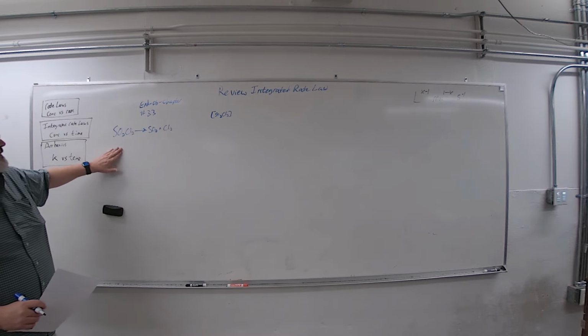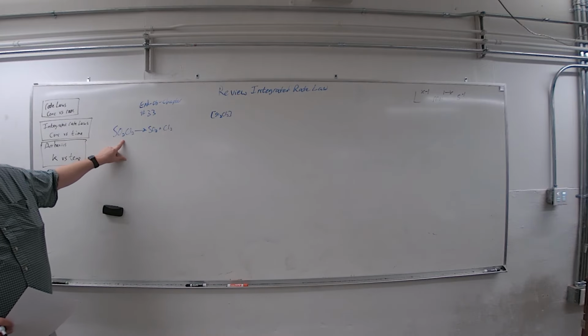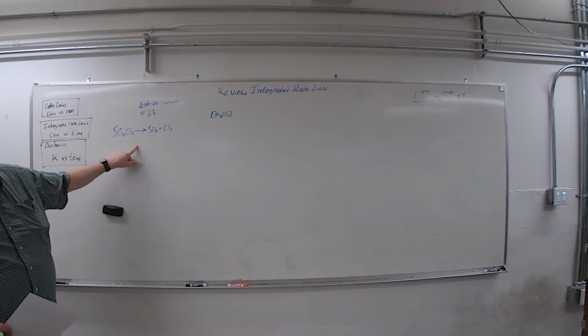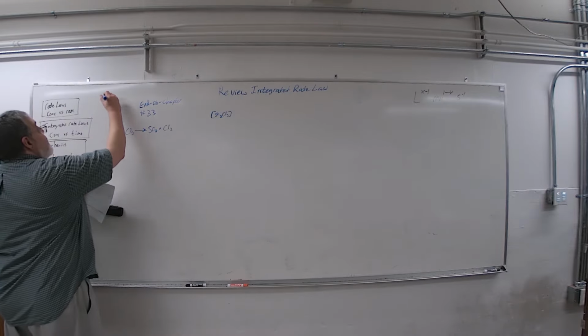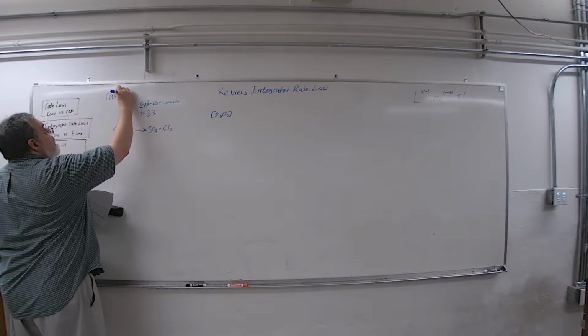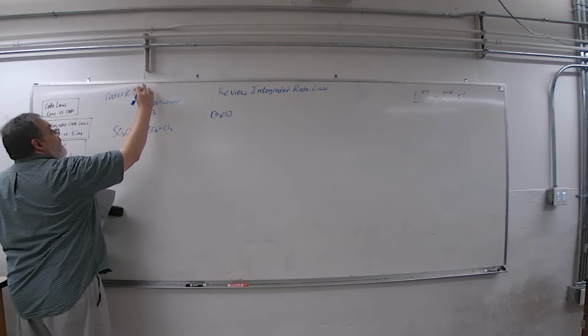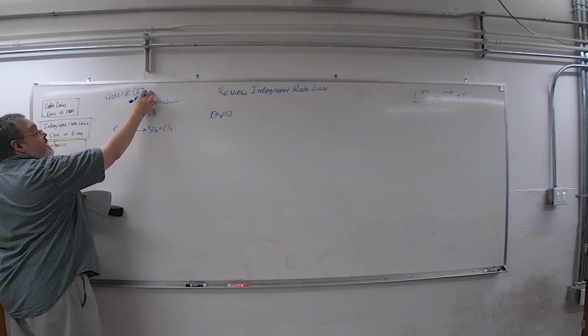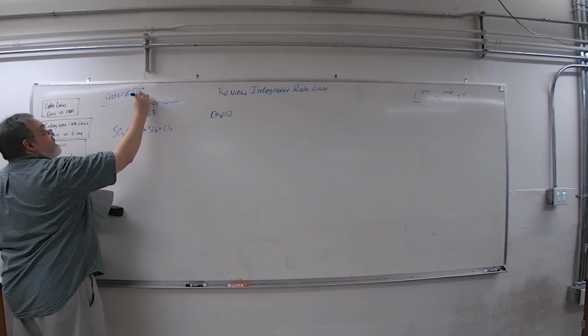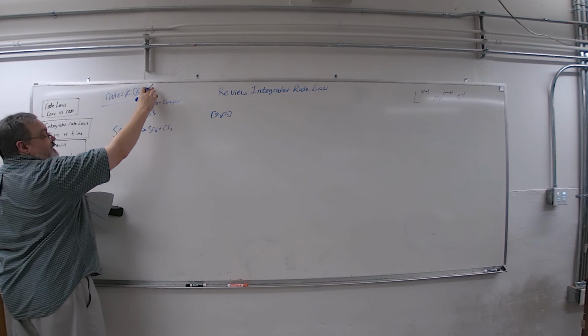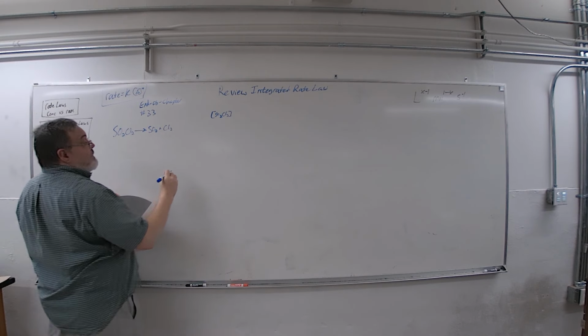If it's decomposition, it's necessarily going to have a rate law that only has one concentration, meaning it's going to be concentration of A to whatever N happens to be. There's never going to be a B here. So we're always going to be locked into this without a B to an N if it's decomposition.